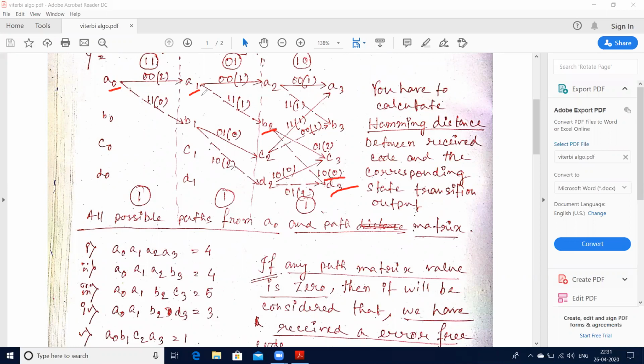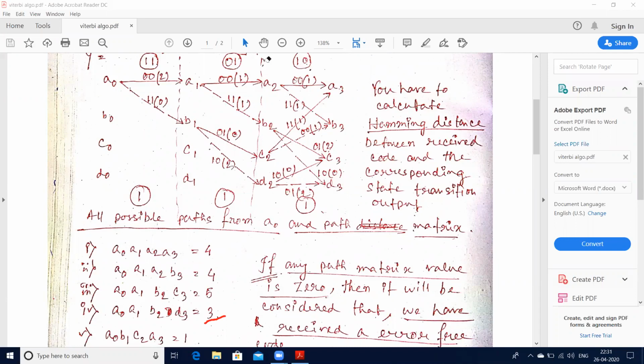From A1 to B2, the Hamming distance is 1. From A0 to A1, the Hamming distance is 2. So 2 plus 1 plus 0 is 3. In this way you have to write all the possible paths and the corresponding path matrices.